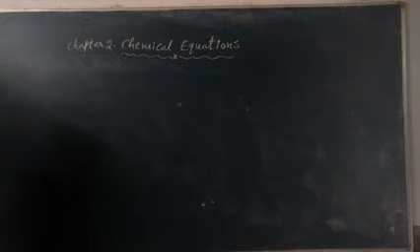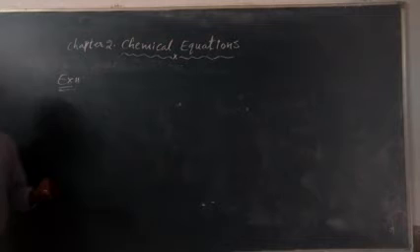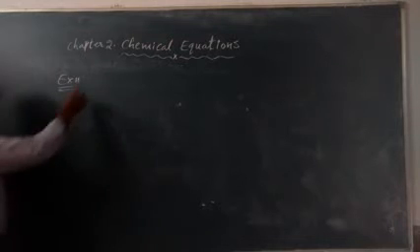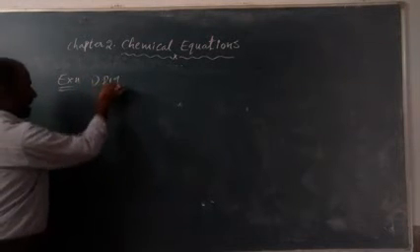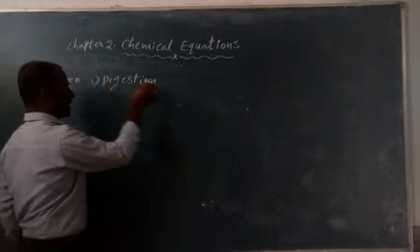Now, examples of chemical change are already given in your book. What are the examples? Digestion of food. When food is digested in your body, in your stomach, that is a chemical change.